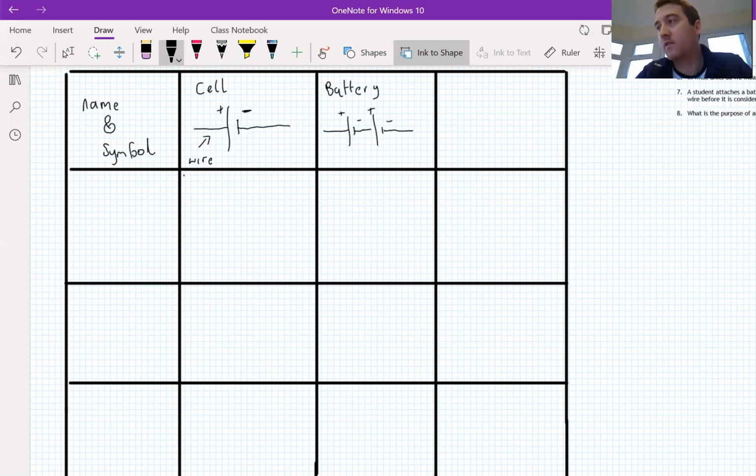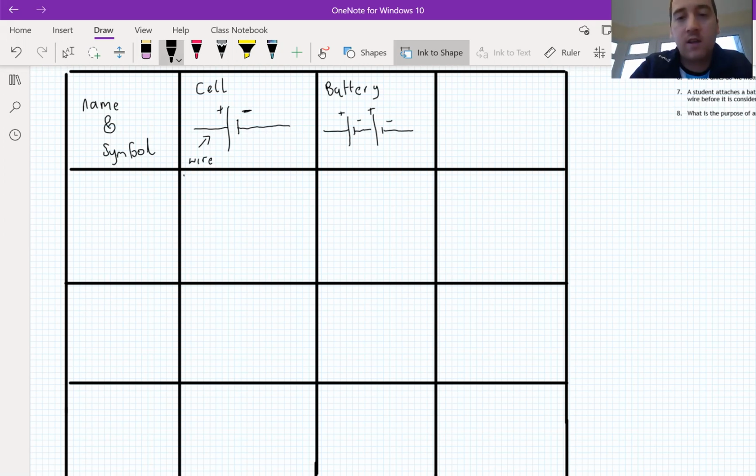So two cells shown end to end like that. Now it could be 3, it could be 4. It's just like the toys you had when you were a kid. Some toys took two batteries, some took 3 batteries, some took 4 batteries, and so on. The more batteries you put into something, the more cells you're going to put into it. So a battery is just more than one cell. Okay, 2 or more cells, and they're connected end to end.